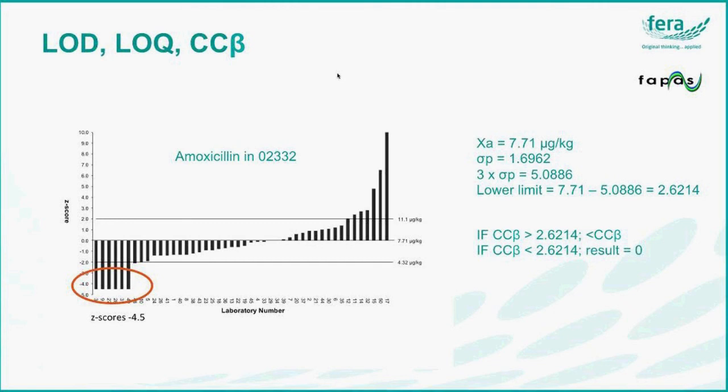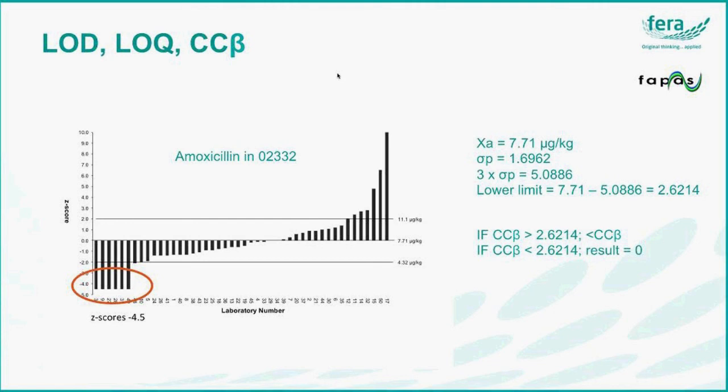One of the questions that we ask is about the limit of detection or quantitation, and in vet drugs, for EU regulatory purposes, this is the CC beta value. Not all labs will have a CC beta, so we also accept LOQ values.